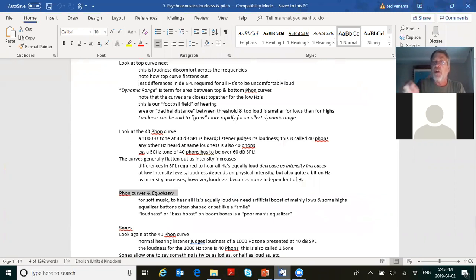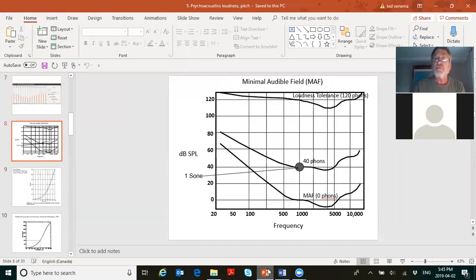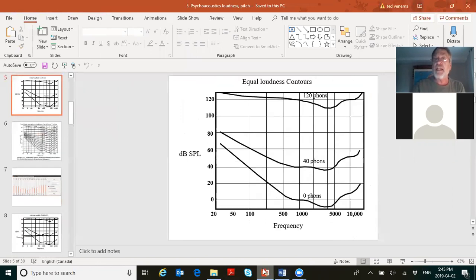And you can notice if you've got the volume soft and you push the loudness button, the music sounds more full and rounded. Whereas if you don't push the button, it's kind of tinny. When you crank up the volume, you no longer need that bass boost because things are flattened out. You don't need the bass boost to make all the frequencies sound equally loud.